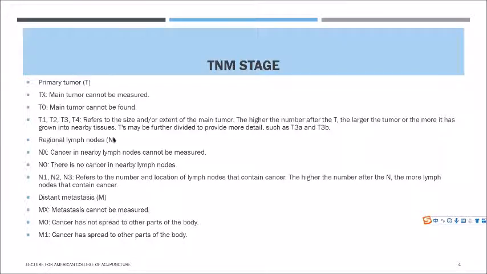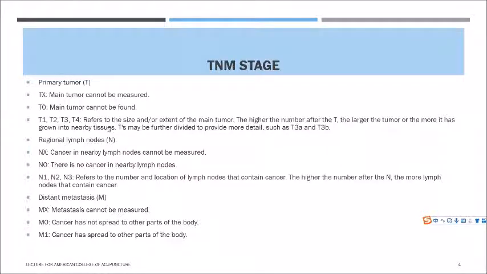If it's N0, there's no nodes involved, no lymph node. For the regional lymph nodes, how many? Normally they tell you, the surgeon checked 16 lymph nodes and found only one positive. That's already like stage 2.